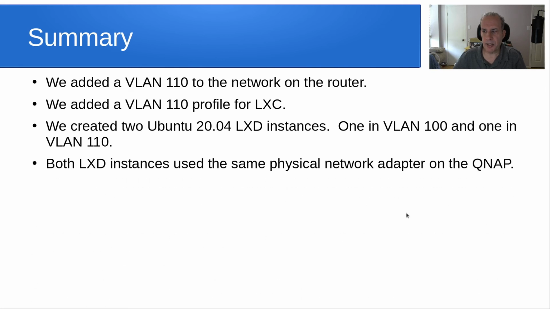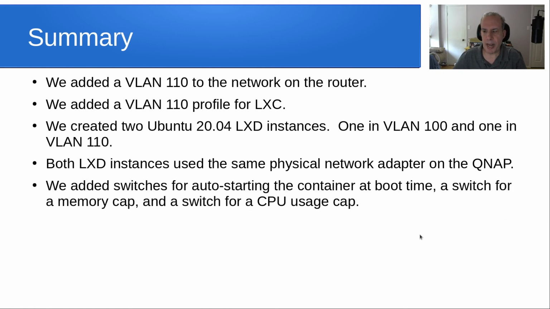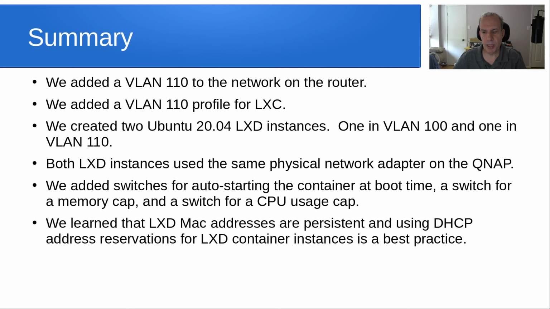Both LXD instances use the same physical network adapter on the QNAP, and we added switches for auto-starting the container at boot time, a switch for a memory cap, and a switch for a CPU usage cap. And we learned that LXD MAC addresses are persistent, and using DHCP address reservations on your router for LXD container instances is a best practice.